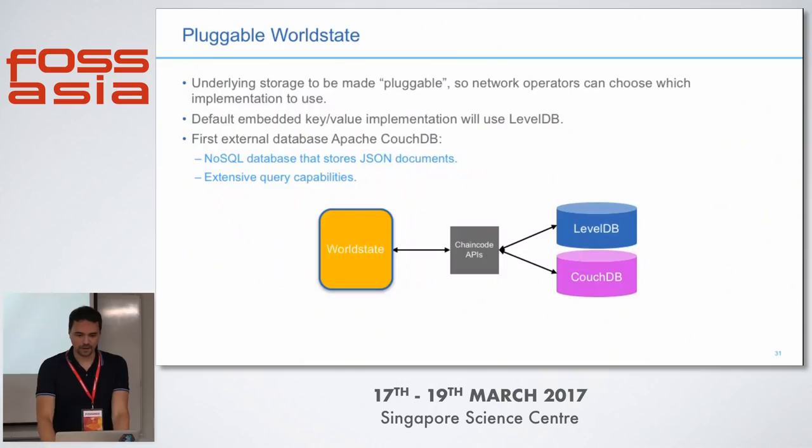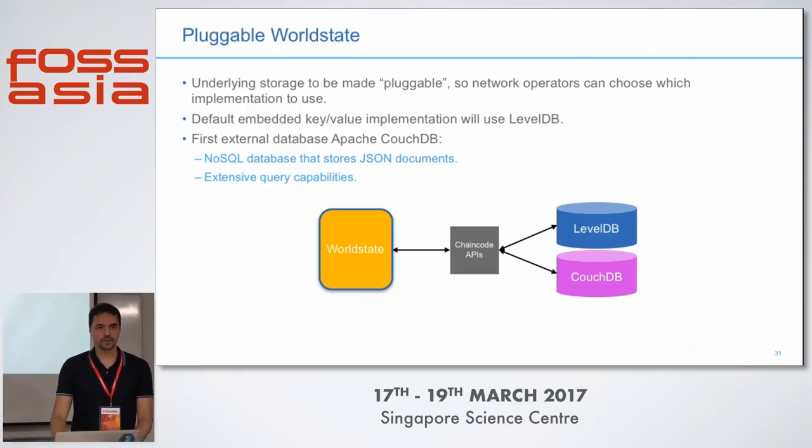Pluggable vault state. Remember I mentioned that currently we use RocksDB. With the new version out of the box, we will get LevelDB. Again, it's a key value store, but then there will be an option to switch to CouchDB, which is a NoSQL database based on JSON documents.